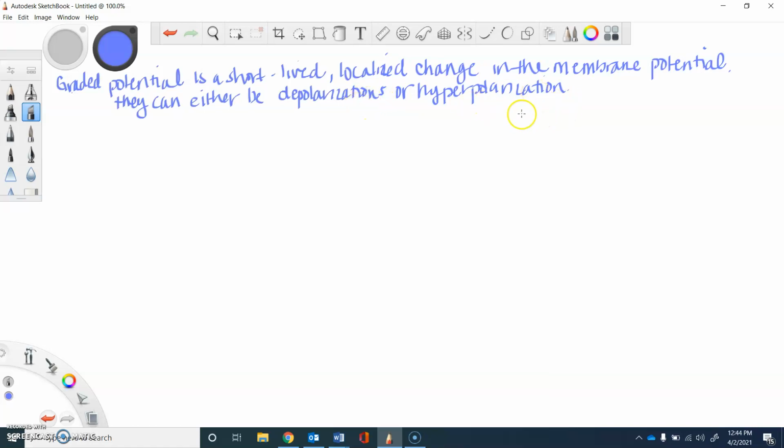These graded potentials only occur at the synapse. Okay? And they are mediated by chemical gates.